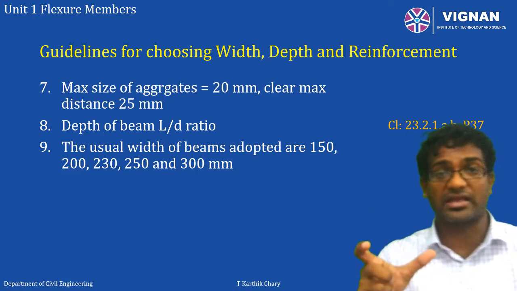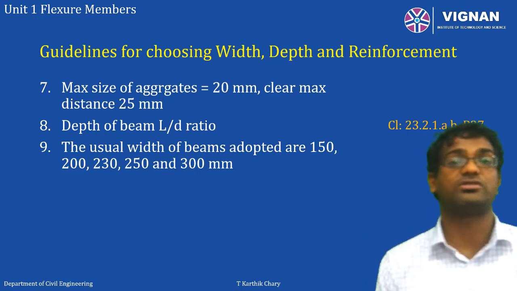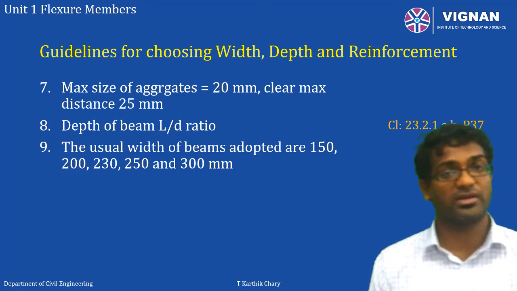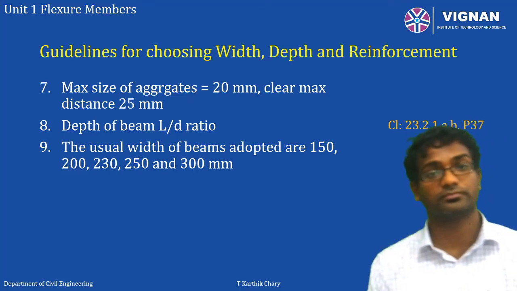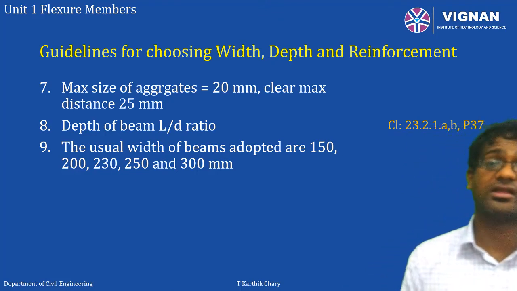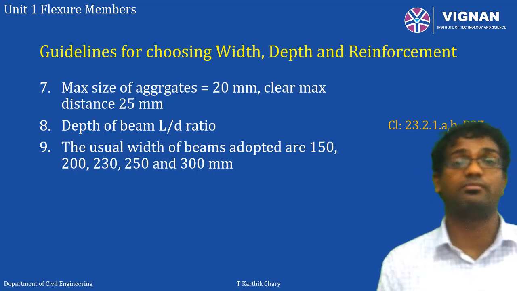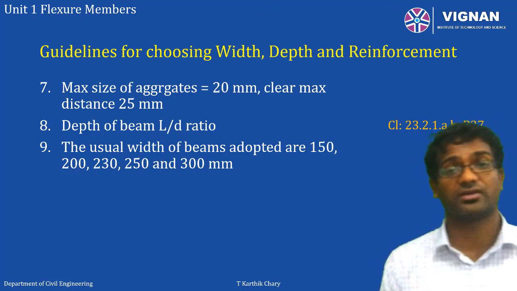If you have a brick size of 300 mm, the same width is always chosen for the beam. And often these dimensions, whether breadth or depth, are chosen in multiples of 25.